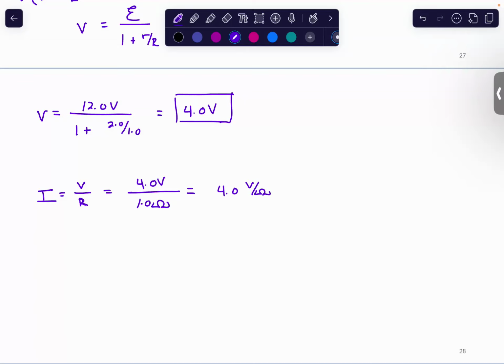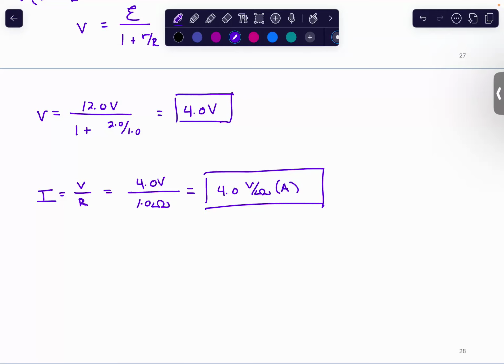Yeah, it's amperes. Okay, so far the math for these is not too bad.